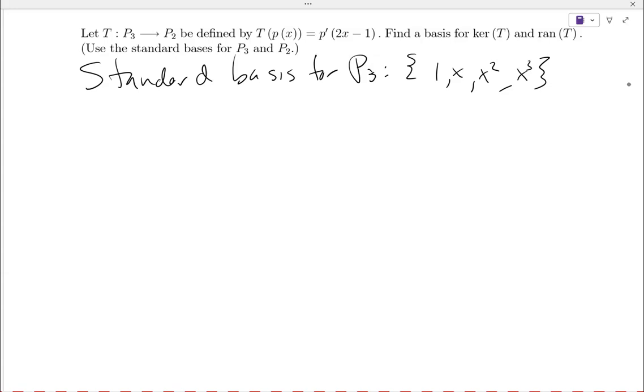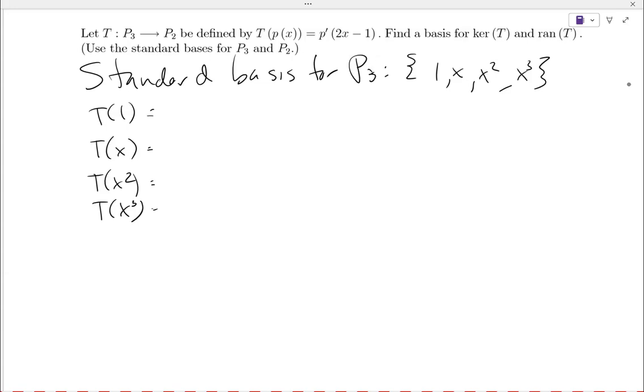Doesn't really matter, but that's usually how we write it: the constant, the x, the x squared, the x cubed, all right? Let's apply the transformation to the standard basis vectors.